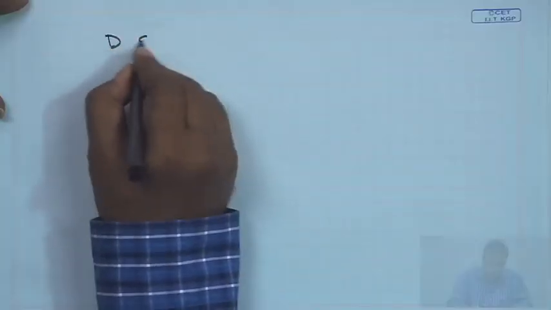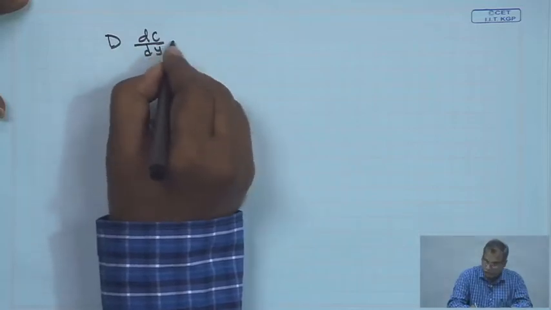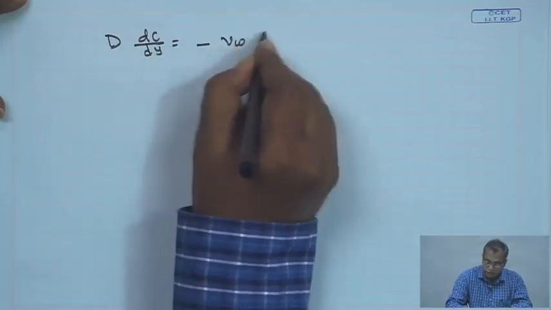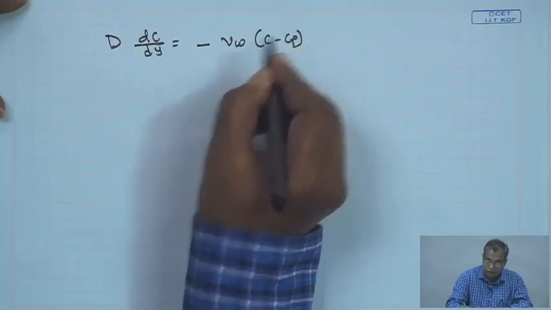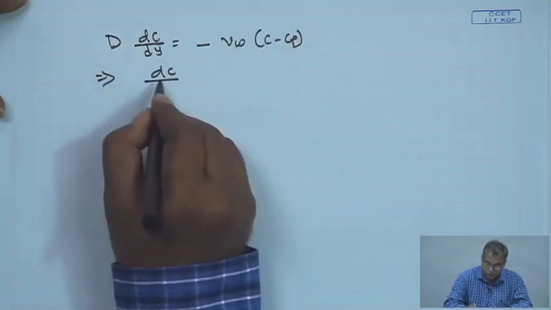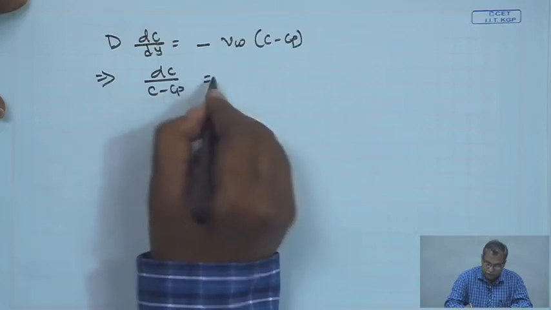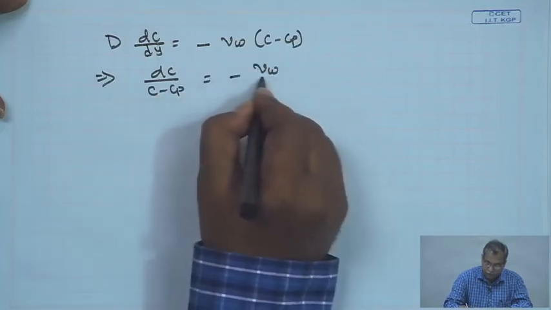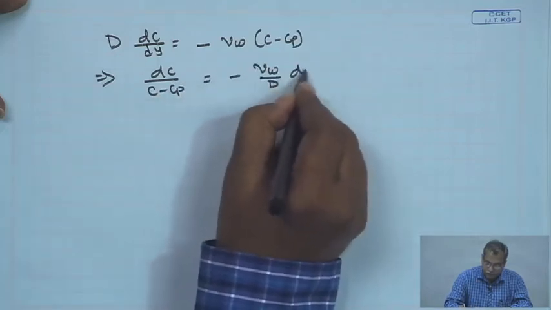Now, let us try to solve this equation and see what we get. It will give you dC/dy equal to minus Vw (C minus Cp). Therefore, dC by (C minus Cp) is equal to minus Vw by D dy.